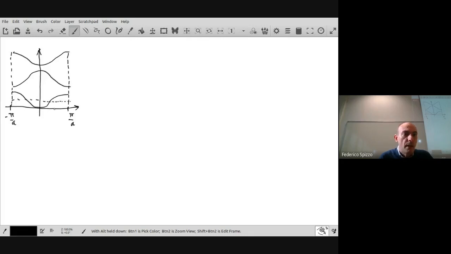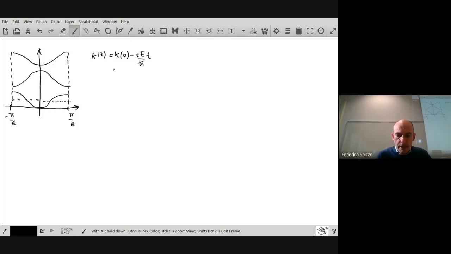is here, so what we have is that the equation of motion for the wave vector k is the following. So you have a translation that is opposite to the direction of application of the external field.